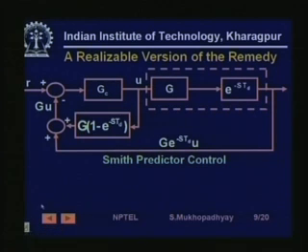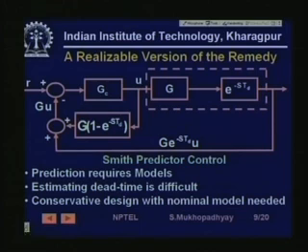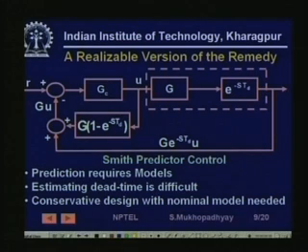The first question is that to be able to do it, you require this to be known accurately, and more importantly you require this to be known accurately. It is not so simple to estimate time delays, because time delays are often confused with time constants in the response.